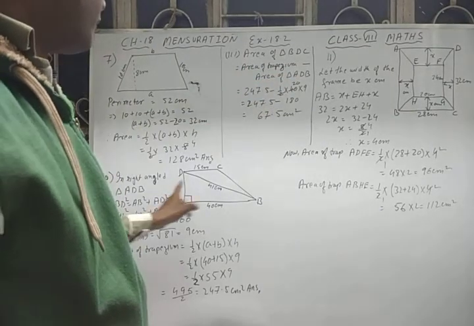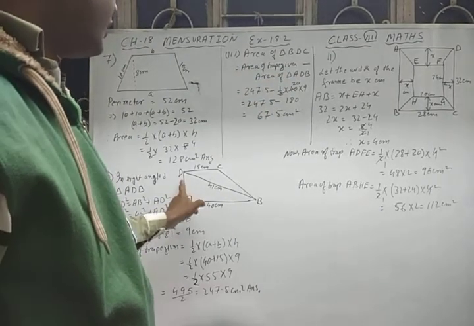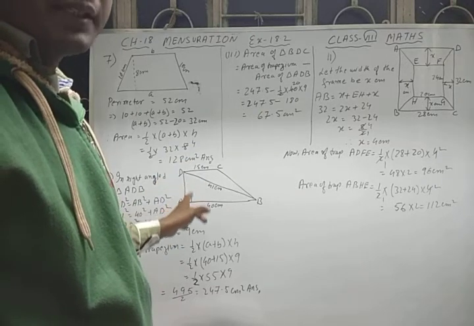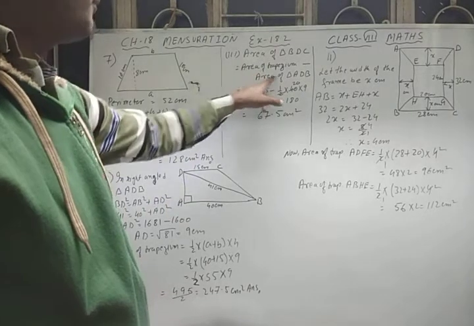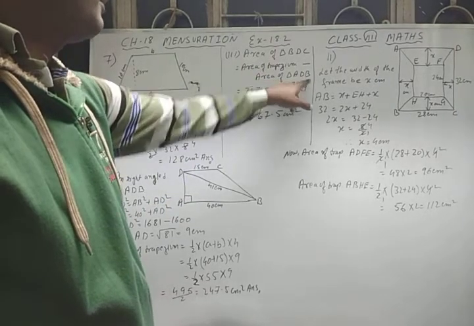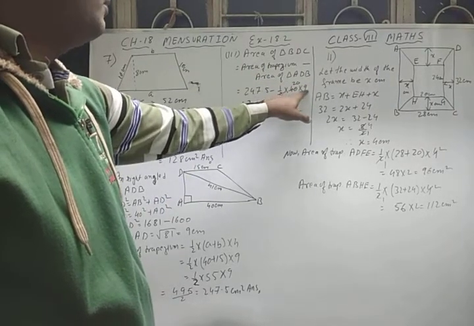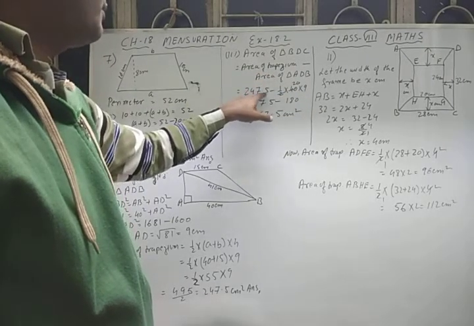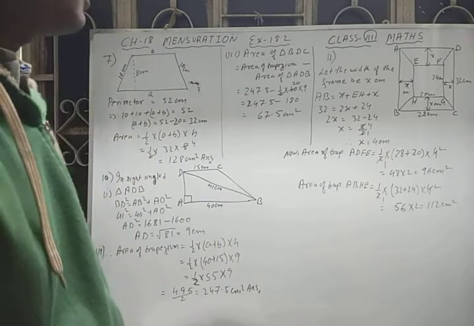Now triangle ADB is a right angle triangle, so you can find the area by the formula half into base into height. So area of triangle ADB is equal to half into base into height, and the area of trapezium you have already got, 247.5 centimeter square.